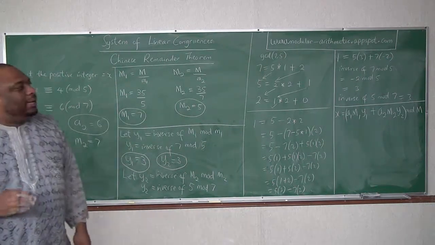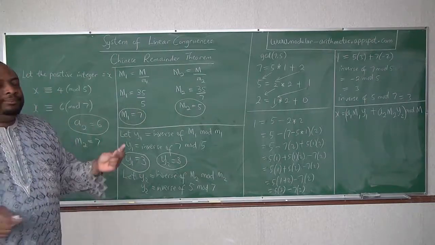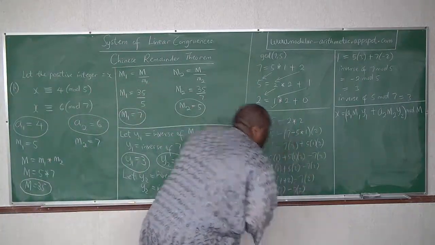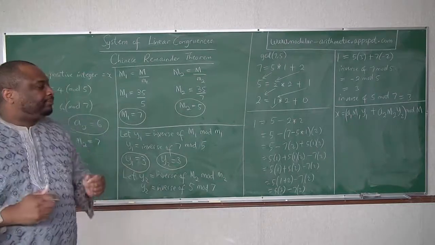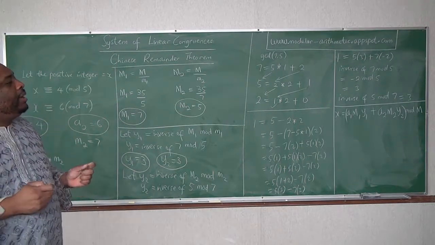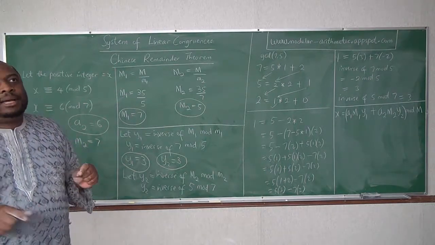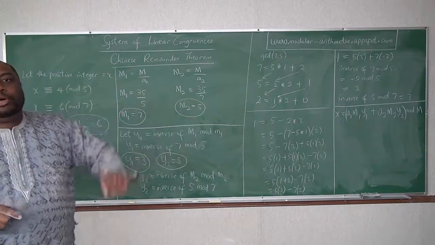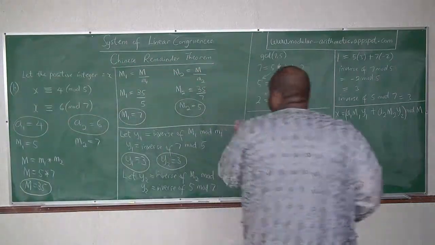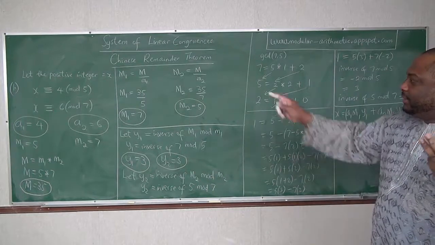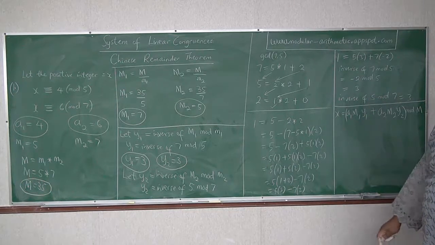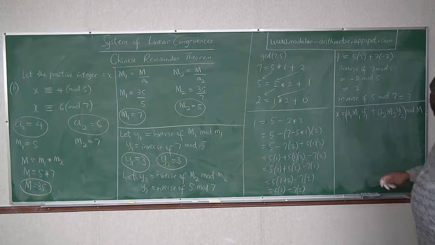Like I said, from the Chinese remainder theorem, 0 is less than or equal to x, because in some cases x can be 0, and x is less than the product of the moduli. And if you have three congruences, we will add plus a3 M3 y3. That is the formula.